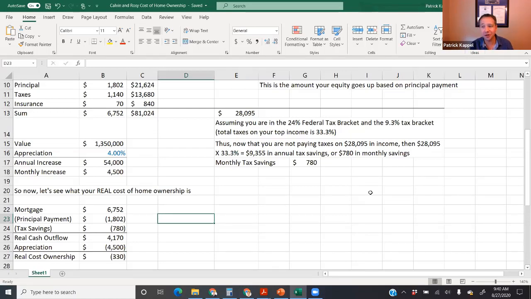Their jaws hit the floor again, and they said, oh my God, this makes us feel so much better. We now realize that this is cheaper than renting. And the husband of the two wants to invest in real estate. He's always wanted to invest in real estate, and this just made him even more eager to get into real estate investment.